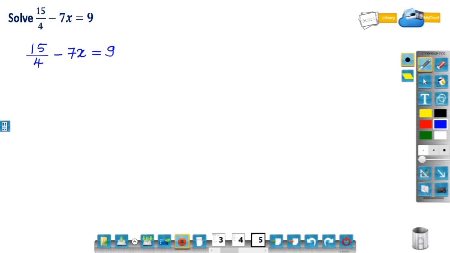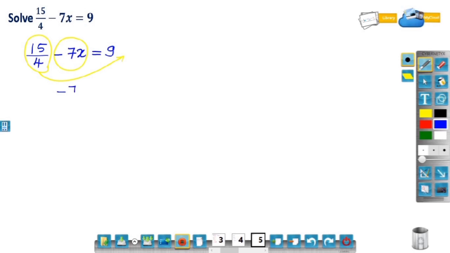Now 15 by 4 is the constant term, we have to take it to the RHS. We have to keep the variable term on the left side and the constant term on the right hand side while applying the transpose method. Now move 15 by 4 to the right hand side, it is plus 15 by 4.